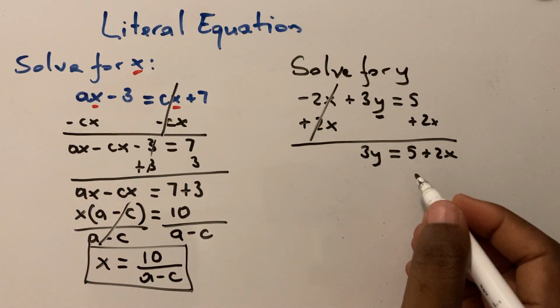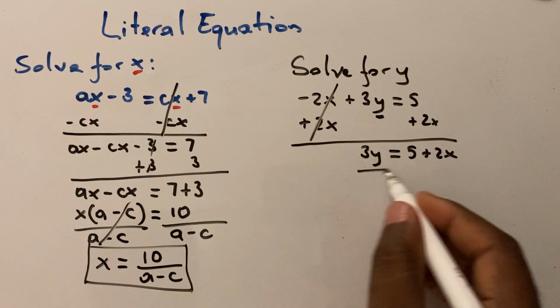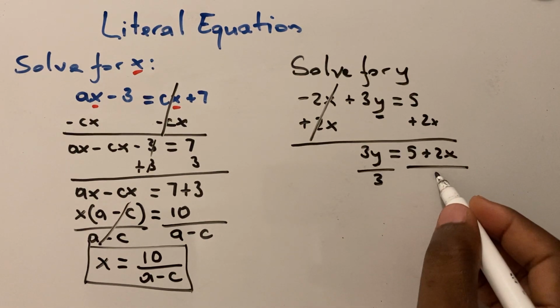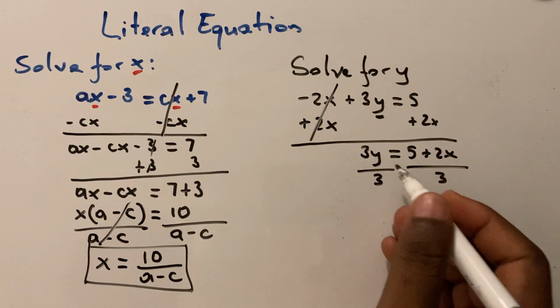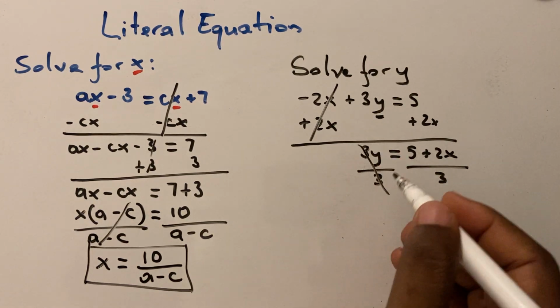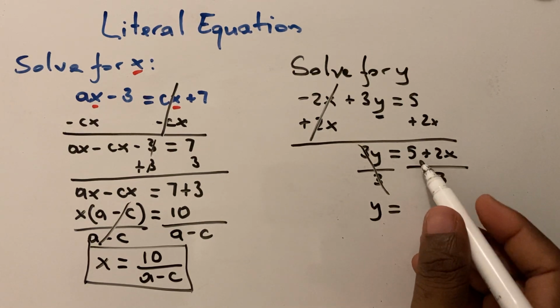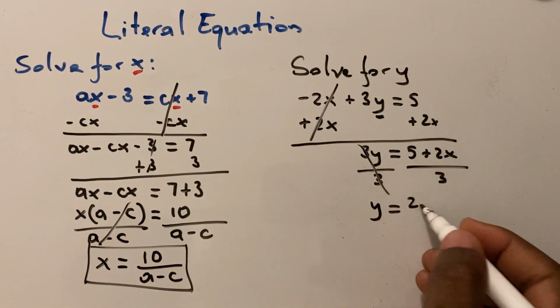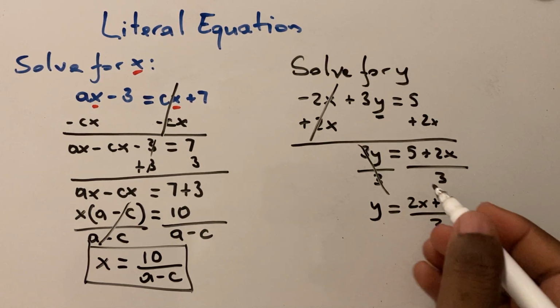From here, all you gotta do is divide both sides by 3, because you're trying to get y by itself. Dividing both sides by 3, this is cancelled out. Now you have y equals 5 plus 2x over 3, or 2x plus 5 over 3. This is the same thing.